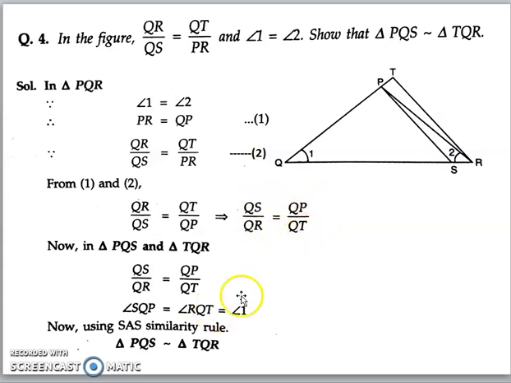Now two sides are proportional and angle 1 is the included angle, which is also the common angle for both the triangles. So for PQS and TQR, this particular angle 1 or angle Q is a common angle. Therefore, by SAS similarity, the triangles will be similar.